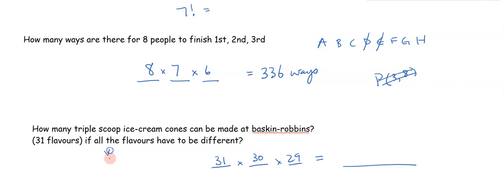So if you like vanilla, chocolate, and strawberry, right, that's a different outcome than strawberry, vanilla, chocolate. Order matters. So there's different ways in which you could have gotten 3 flavors that are all different. Okay, so let's just type this in. 31 times 30 times 29. Whoops. And I get 26,970 different possible outcomes.